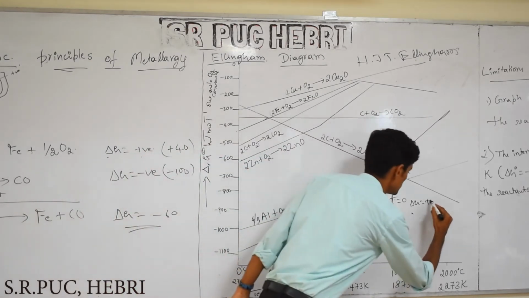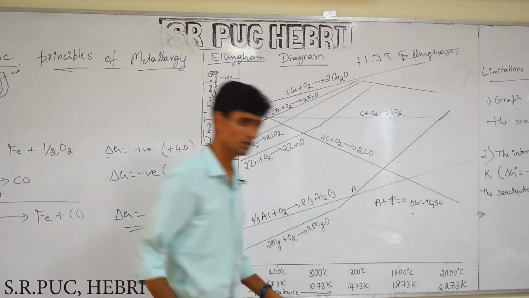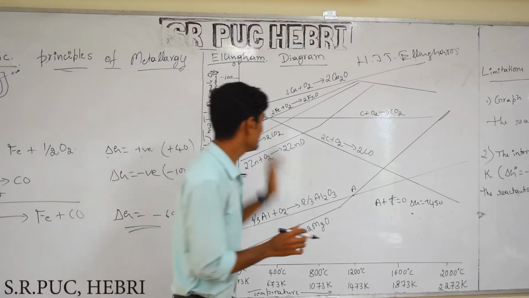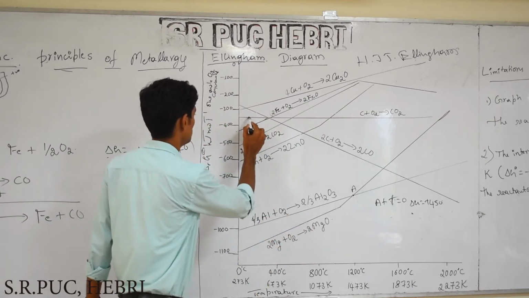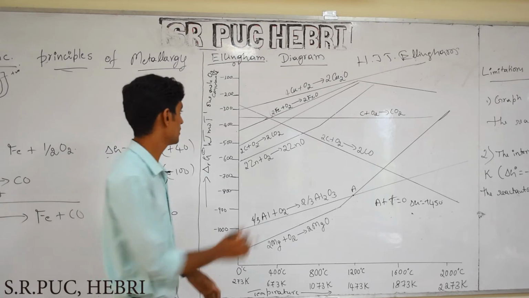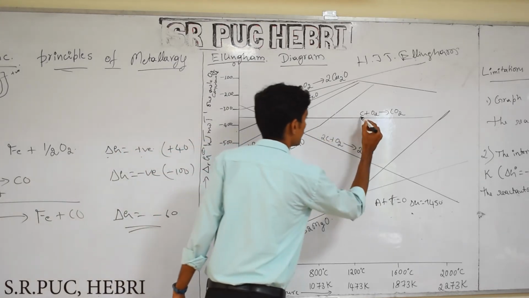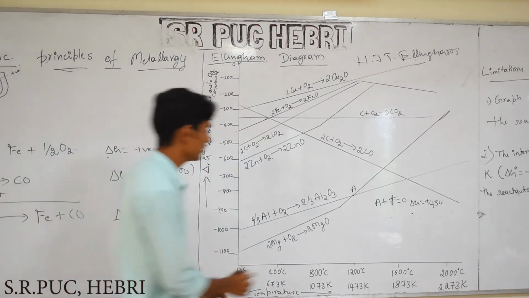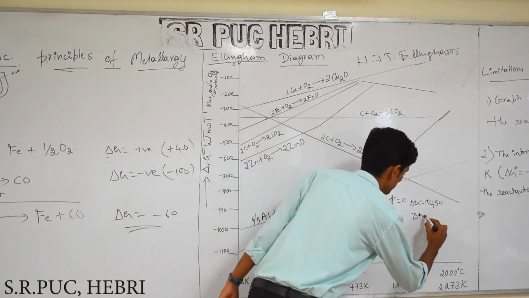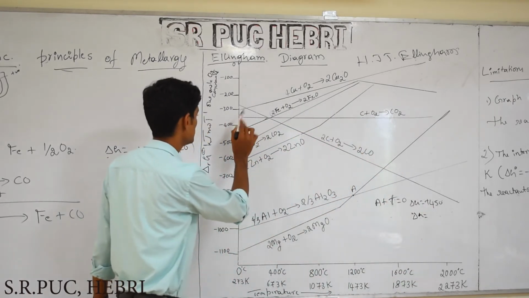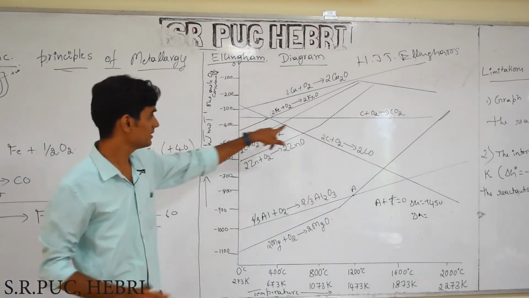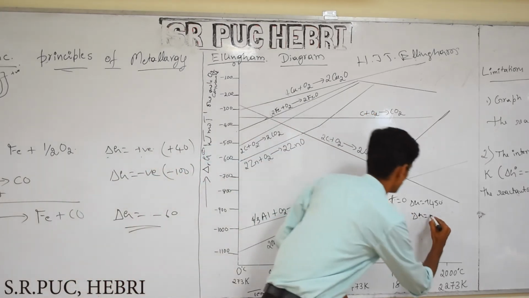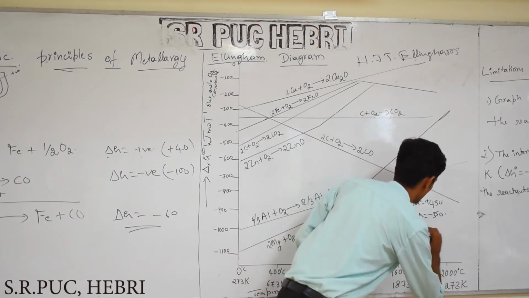Now this is plus 450 at temperature T equal to 0. Now I will combine this reaction, carbon plus oxygen gives carbon dioxide. The delta G value at 0 degree Celsius is minus 350. Here we are considering the direct reaction only, not reversed, so this will be minus 350.